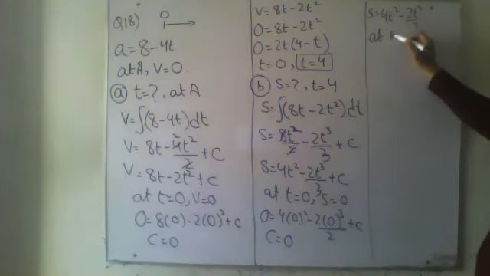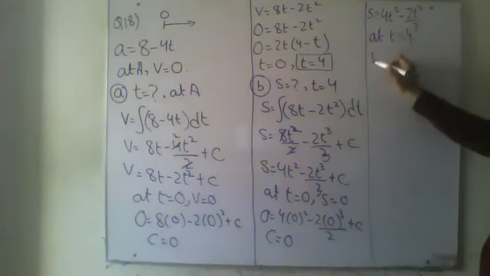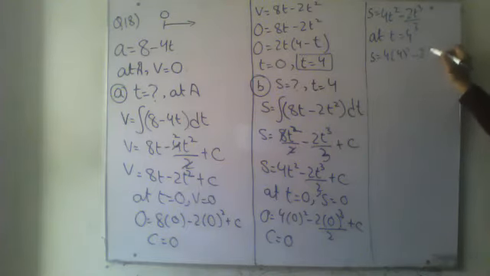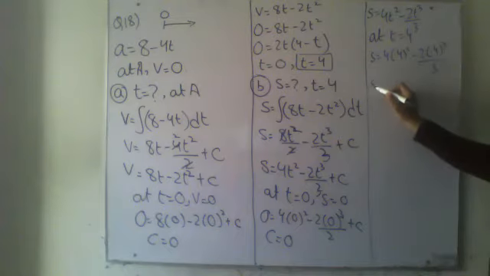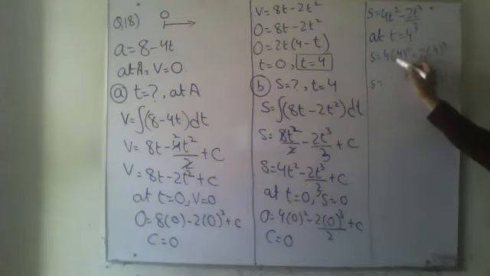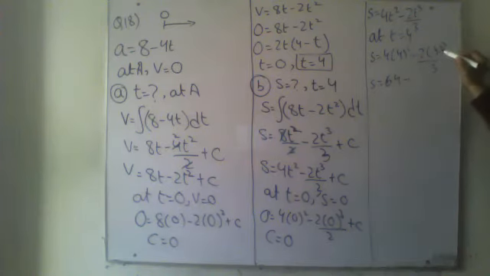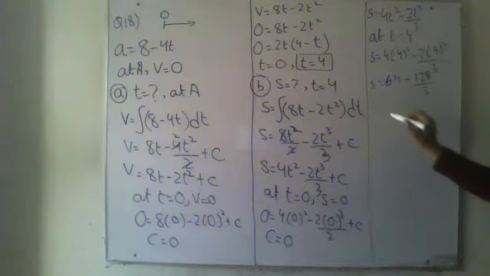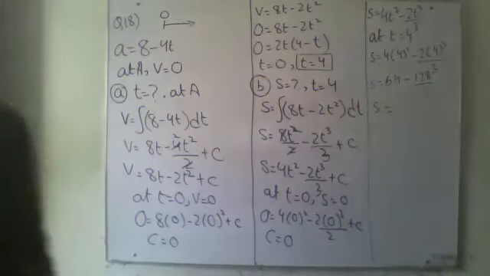So at t equals to 4, s equals to 4 times 4 square minus 2 times 4 cube over 3. 4 square is 16, 16 times 4 is 64, minus 64 times 2 which is 128 over 3. I will simplify it further to get my final answer.